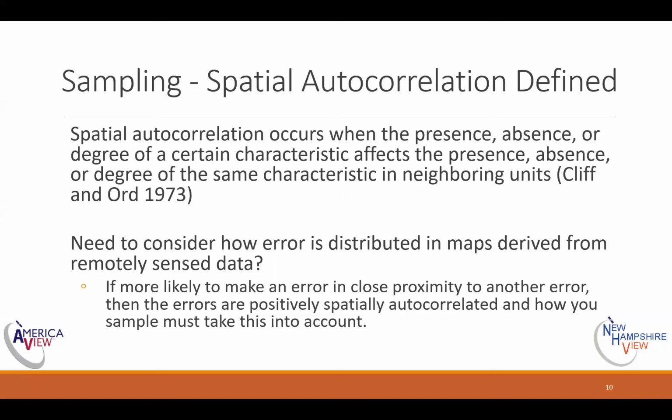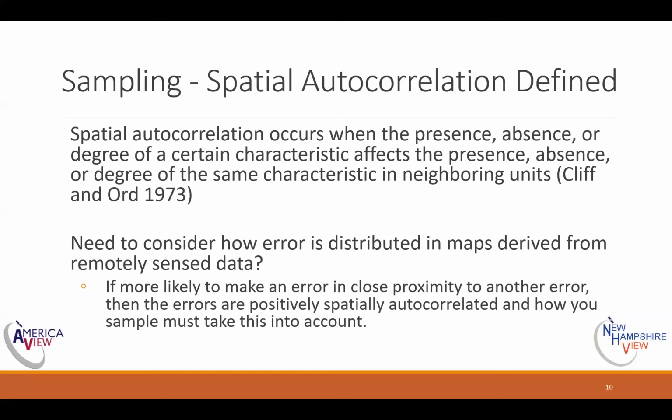So neighboring units. So if I make an error in one place and my data is very positively autocorrelated, then samples nearby are more likely to have error in them. Okay? And so I want to make sure that I spread my samples apart. Okay? Take care of spatial autocorrelation. So we need to consider how that error is distributed so that we can deal with that.